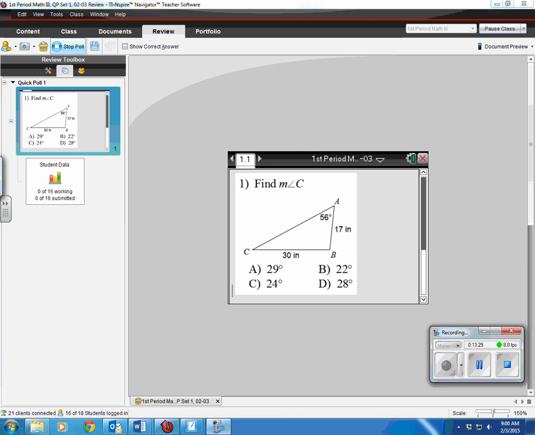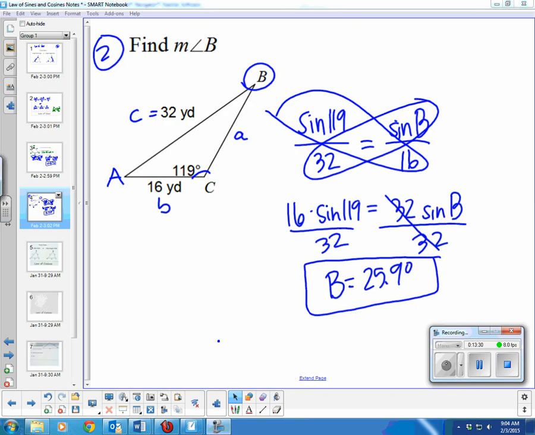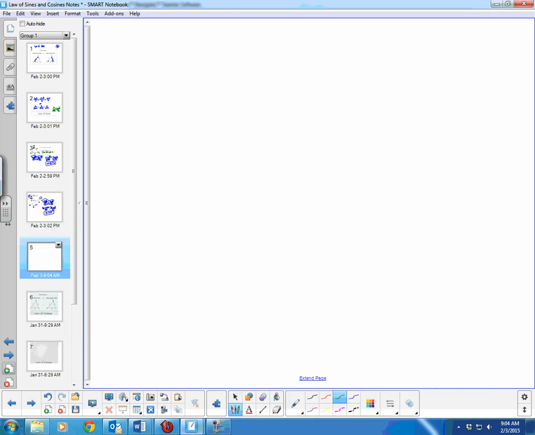Okay, listen. What angle and side did we know? We knew angle A and side A? Was that what it was? Okay, so we're going to go sine of angle A. Will you guys look at your notes and tell me? Sine 56 over what is side A?